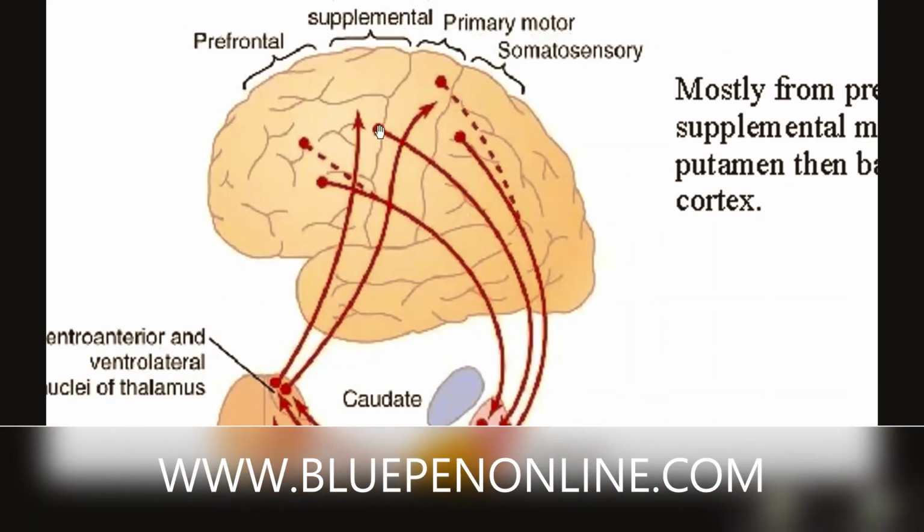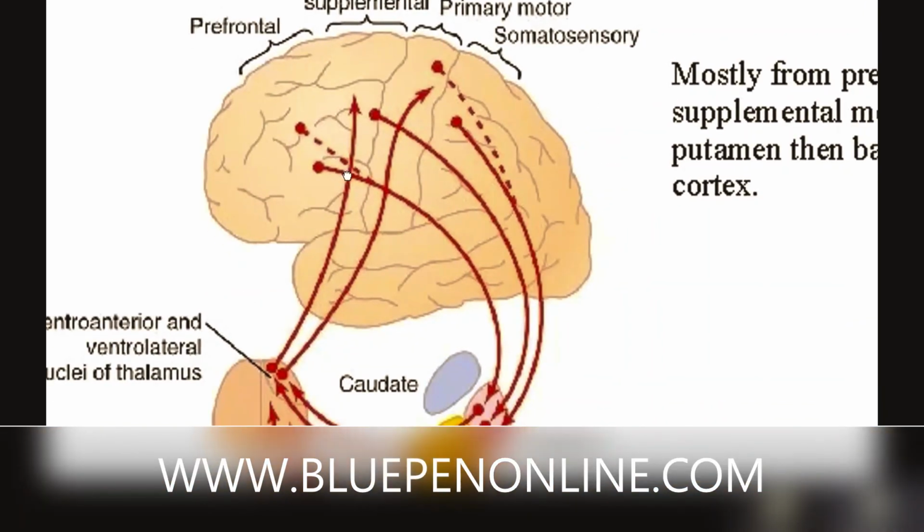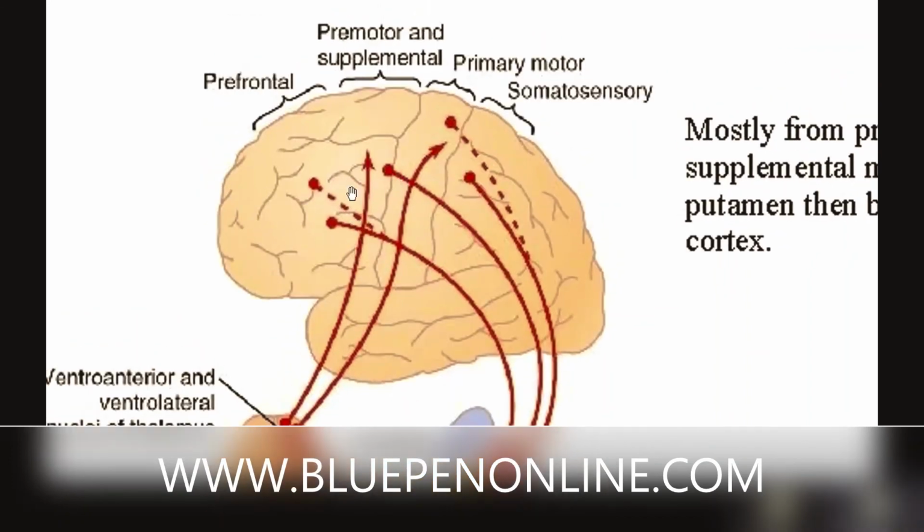So the information for this putamen circuit arises from the prefrontal and premotor, supplementary motor area of the cerebral cortex, or the motor cortex, and also from the somatosensory cortex.